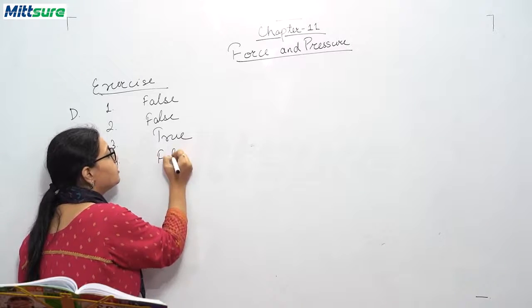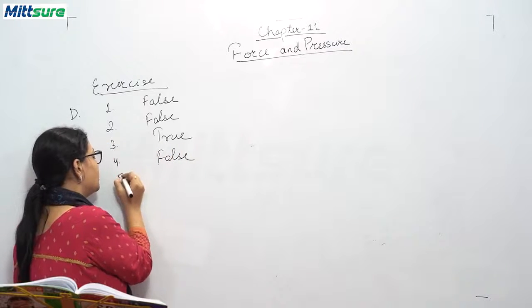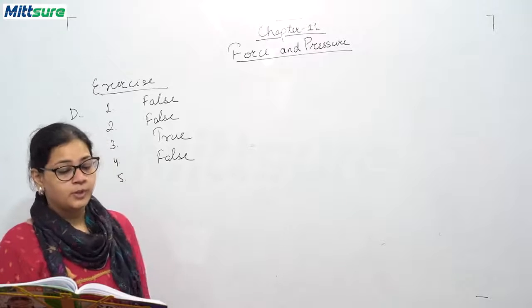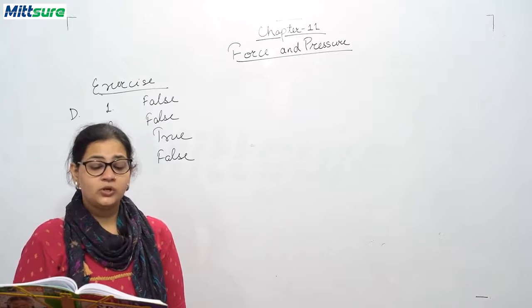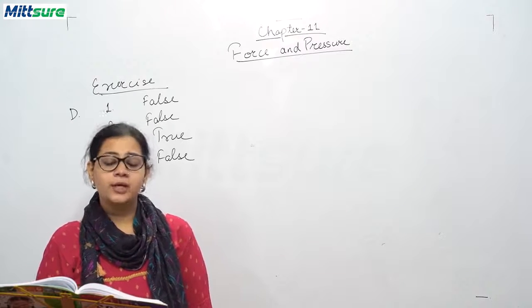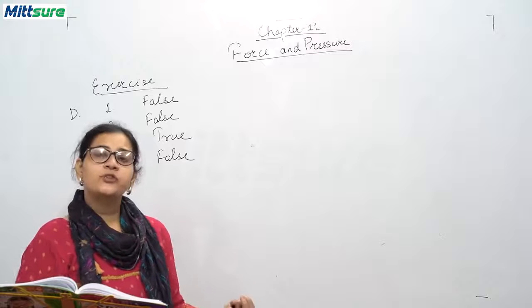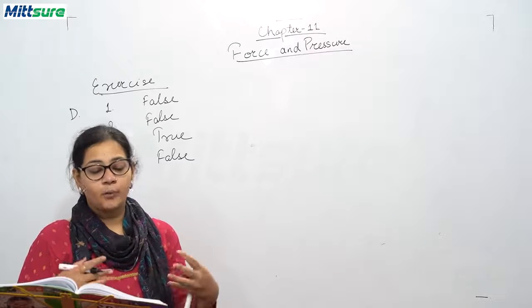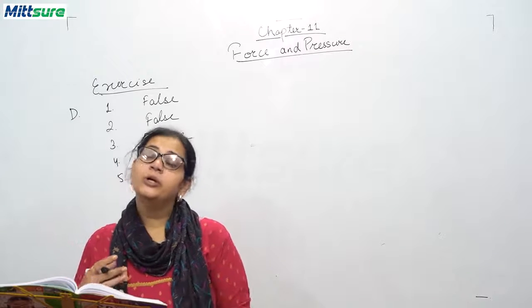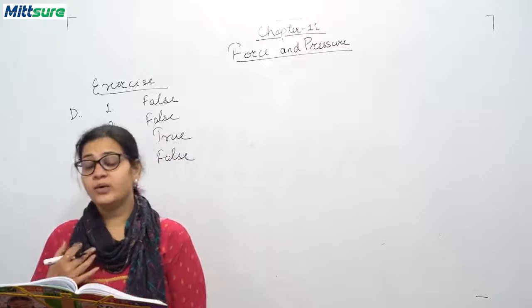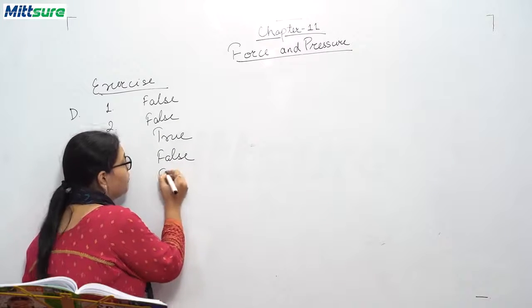So it is also false. Fifth, force of friction increases the speed of a moving object. Bacha, force of friction generally reduces the speed of any object, not increases it. So it is also false.